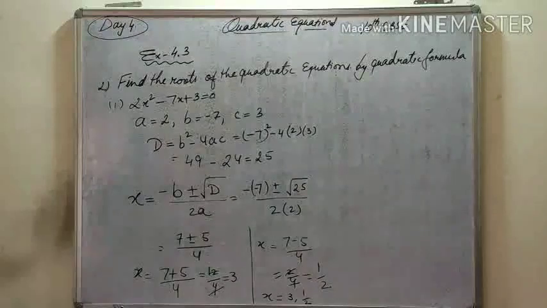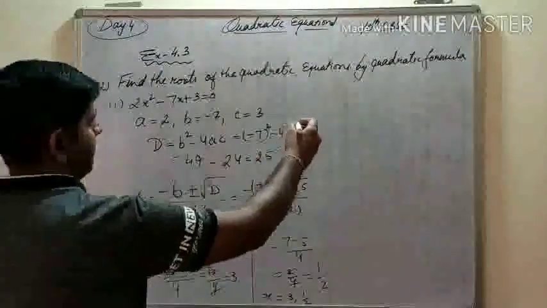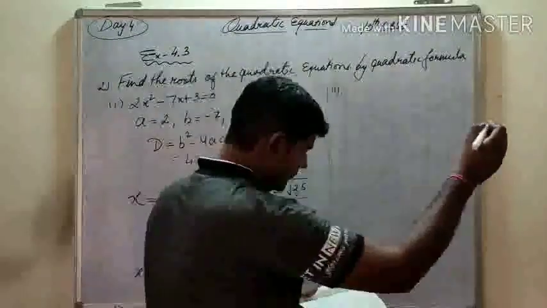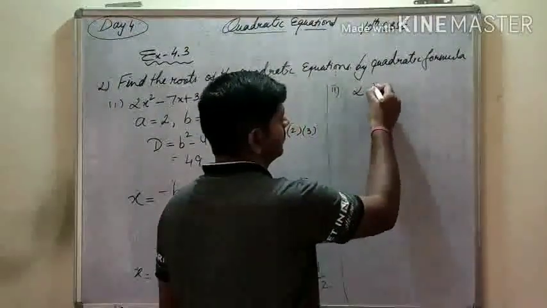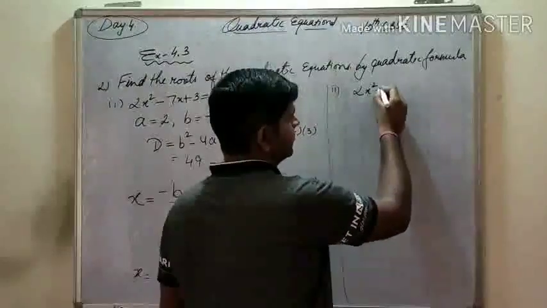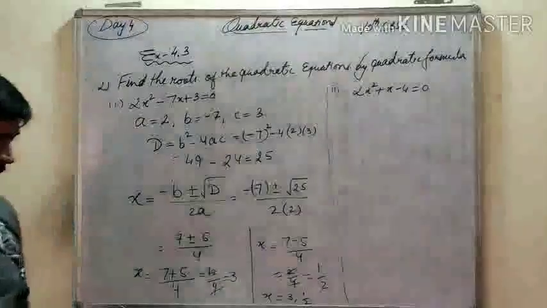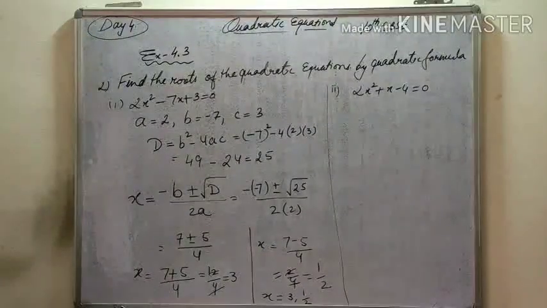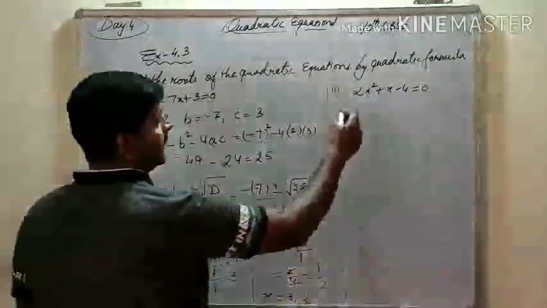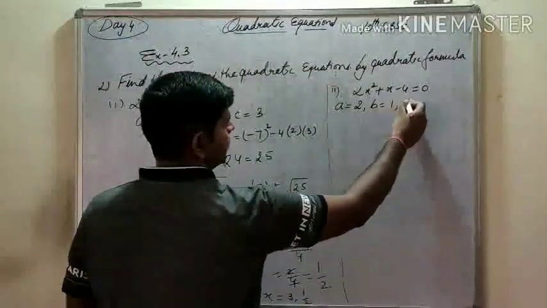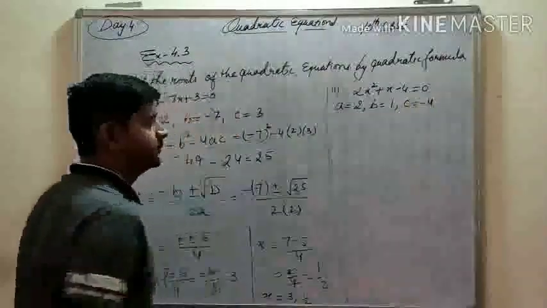The second part is also simple. In that we have 2x square plus x minus 4 equals 0. In this, a is 2, b is positive 1 and c is negative 4.